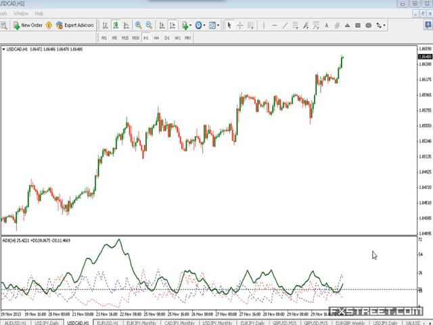Now, all indicators are built or calculated on price. So whenever price changes trend, it subsequently leads to a change in the indicator. So you really do not expect an indicator to give you a leading edge on price.